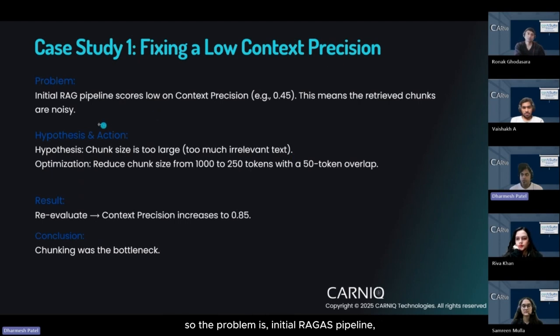The problem is that the initial RAG pipeline, whatever you build, scores low on context precision, for example a score of 0.45. So what does this mean? Lower context precision means the retrieved chunks are noisy, meaning there is some extra information which is actually not needed.